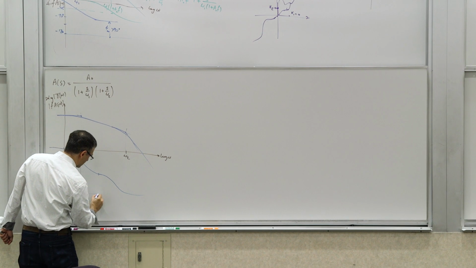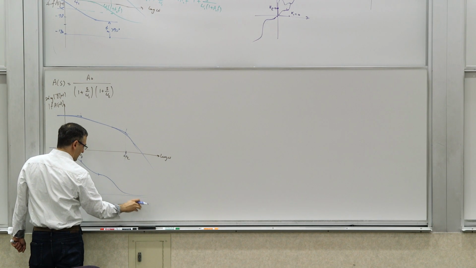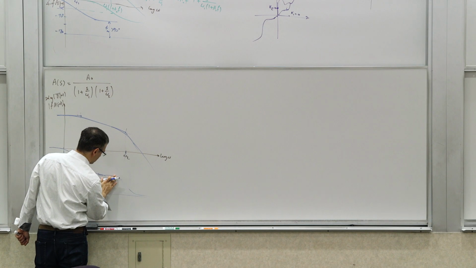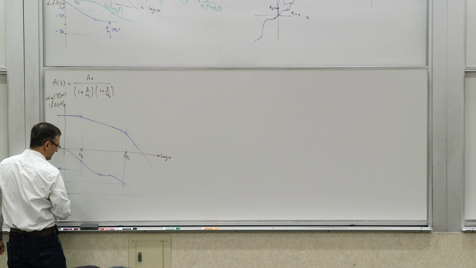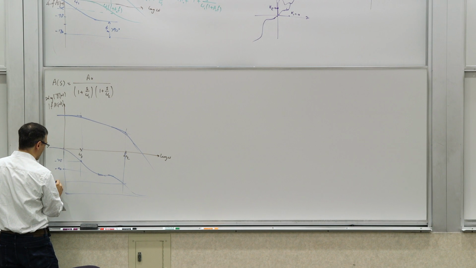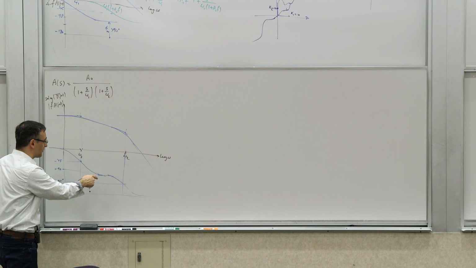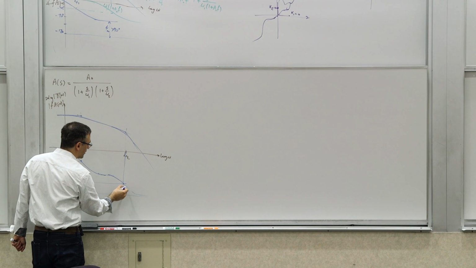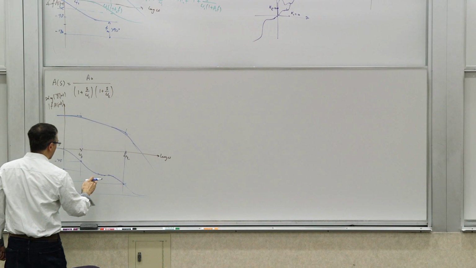You asymptotically reach negative 180. This is roughly here, roughly negative 45, and roughly negative 135 at these points. Why roughly? Because there's residual phase from the other pole contributed at that point. So it's not exact anymore. But if the poles are not too close to each other, it's going to be relatively accurate.